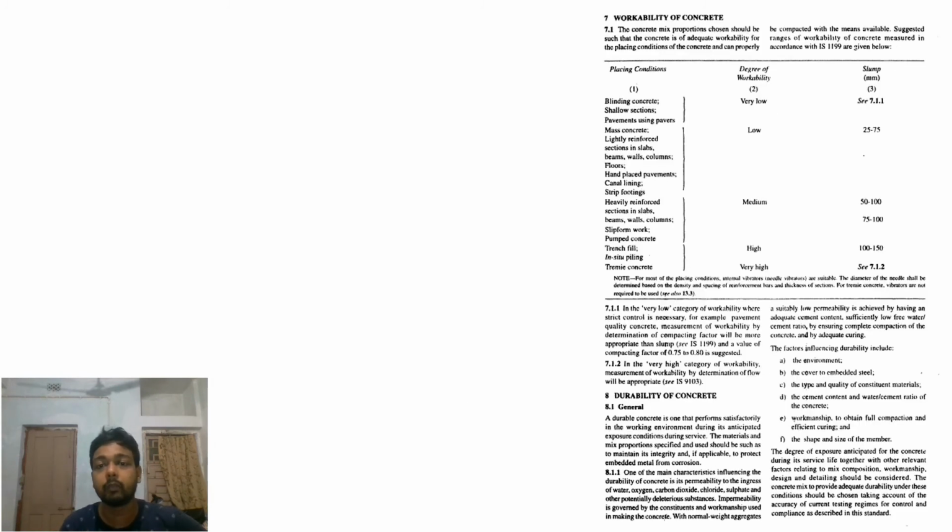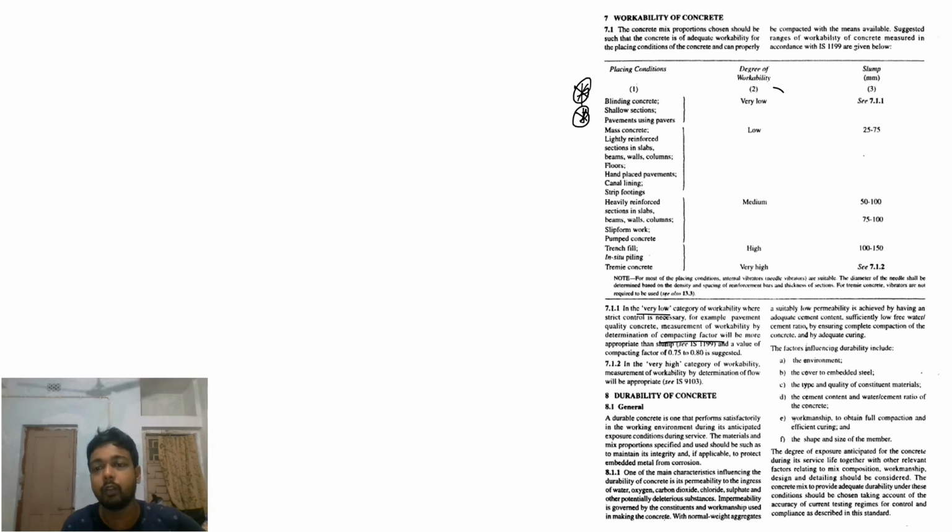Now workability of concrete. This is your workability chart. We use the slump test, the Vee-Bee test. When we read about or make a video about building material, then we talk about the slump test. In very low workability, where the slump test is not suitable, we determine the compacting factor; that is the very low category.